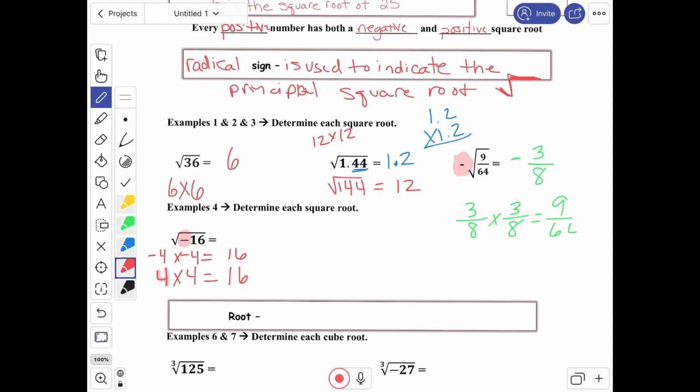So when we're taking the square root, that means one number times itself. There is no number that's going to equal a negative.